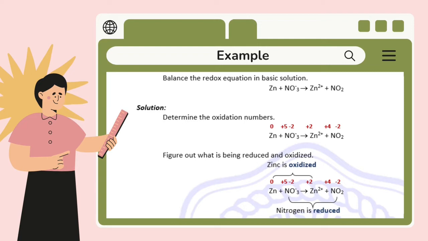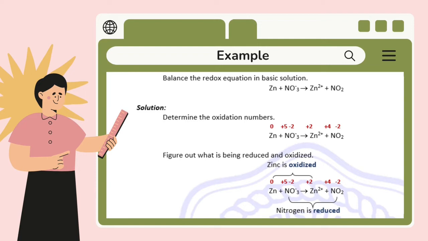As you can see in here, zinc is oxidized. Oxidation is loss of electron. From 0 it became positive 2, so it lost 2 electrons.